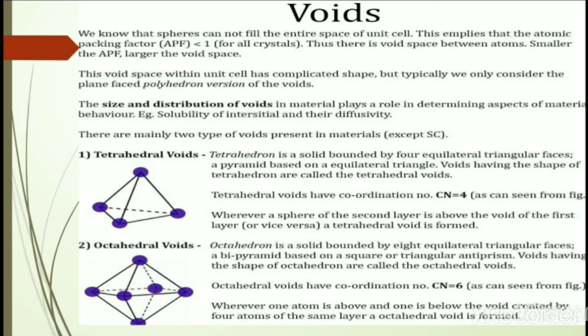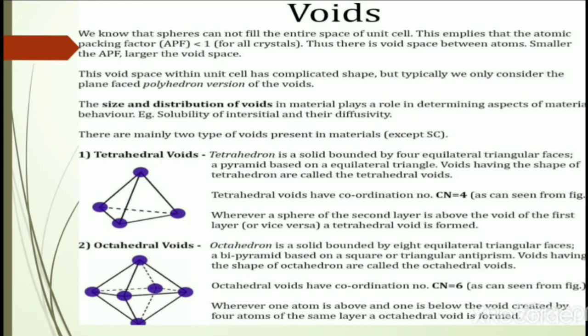Then there are mainly two types of voids present in the material. Those are the tetrahedral void and the octahedral void. See here, the tetrahedral void is a solid that is bounded by 4 equilateral triangular faces. It is in the form of a pyramid based on an equilateral triangle.